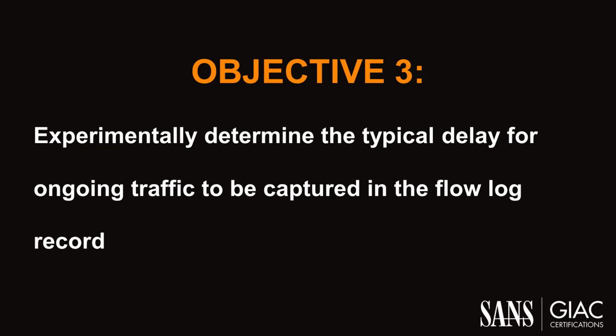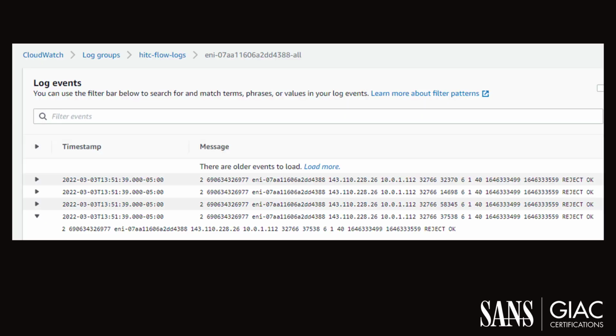Wouldn't it be great to timestamp a packet, send it across the virtual network of our VPC, look at the packet in CloudWatch logs and determine how much delay there was between the time the packet was sent and when it was recorded? That'd be fantastic. The only problem is that the flow log contains only metadata and not any payload.